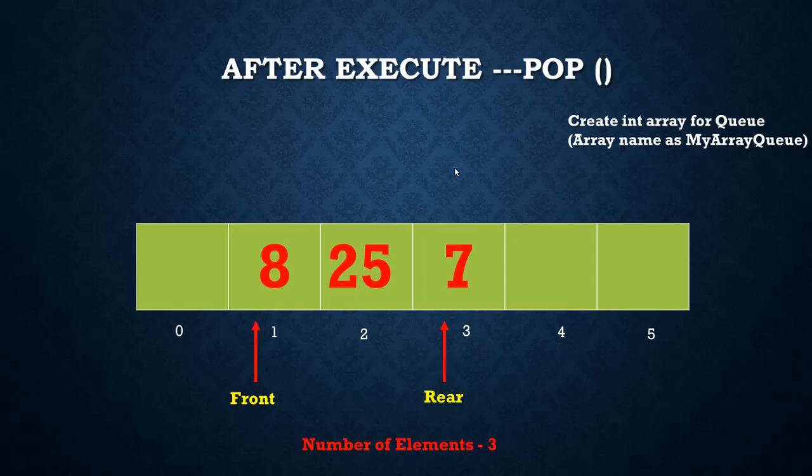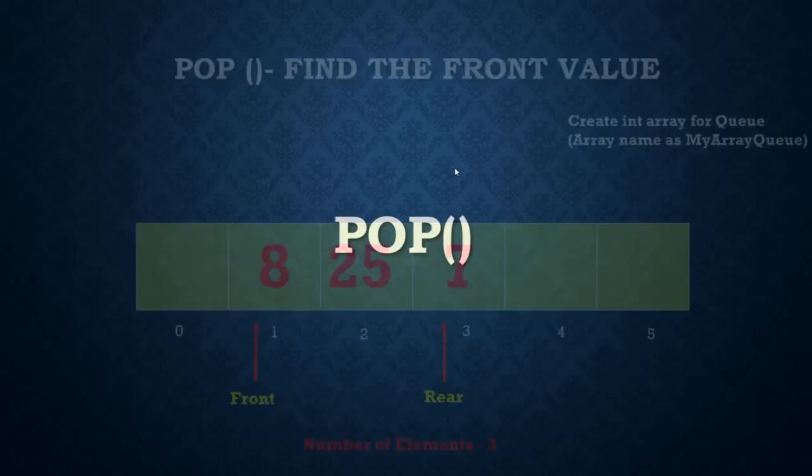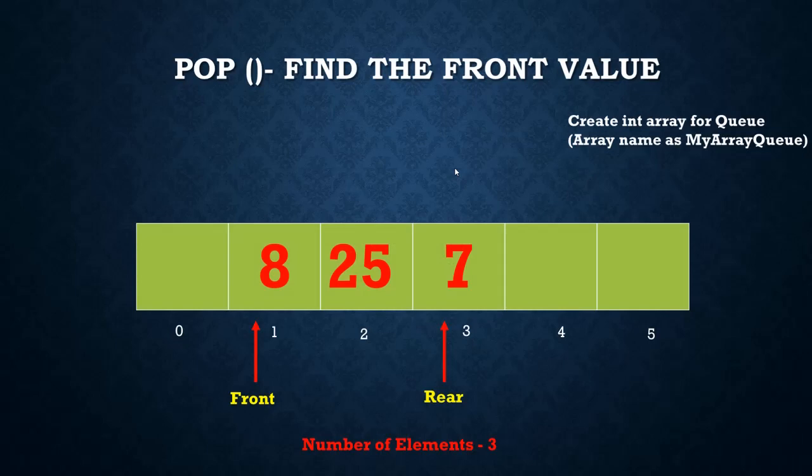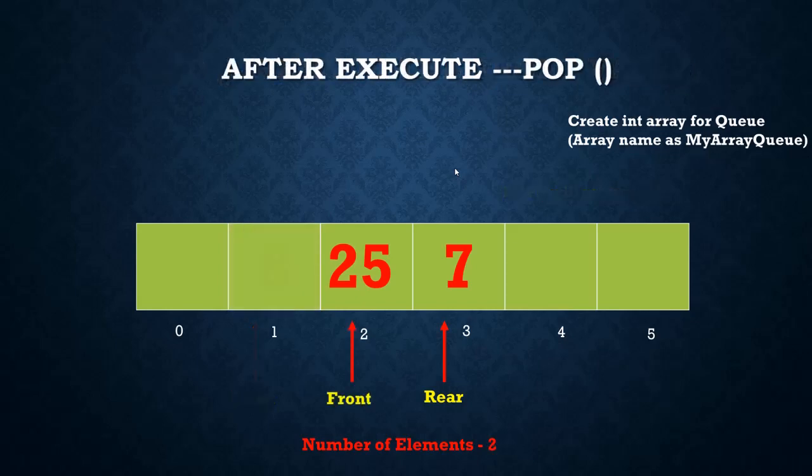Now you can see the front location is changed, the number of elements is 3, and the rear position is not changed. Again I want to execute pop. The front value is 8, and if I execute pop, 8 will be removed. Now you can see the front is 25, that means position number 2, and the rear will not be changed.